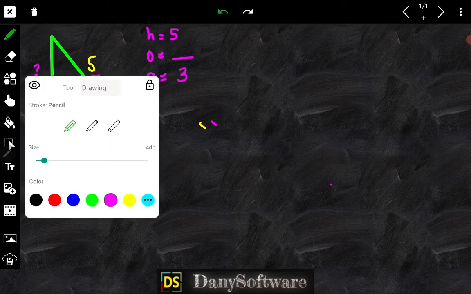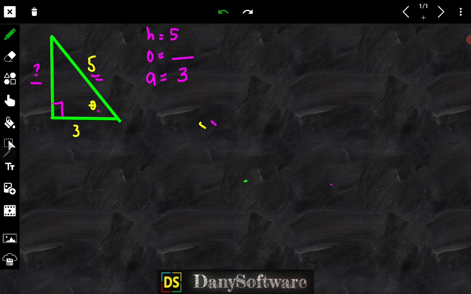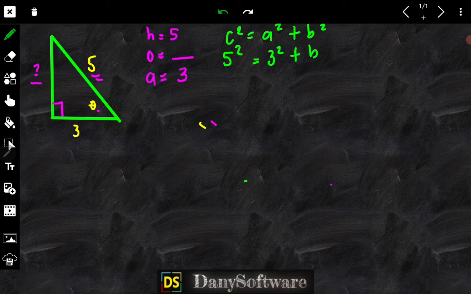So using Pythagorean theorem, that is c squared is equals to a squared plus b squared. So tatandaan yung c squared or yung c, that is the hypotenuse or the longest side. So for this triangle, ang hypotenuse natin is 5. Kaya c squared is 5 squared. And then a squared, gawin na natin 3 squared. And then the b, siya na lang yung opposite natin. Okay?